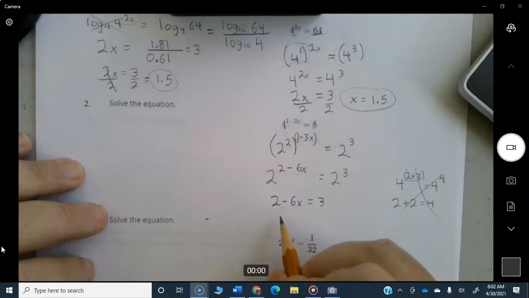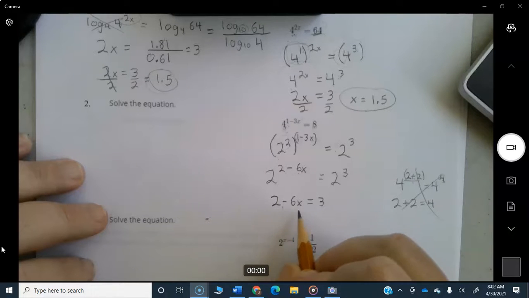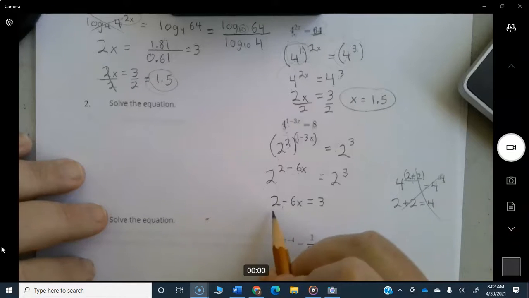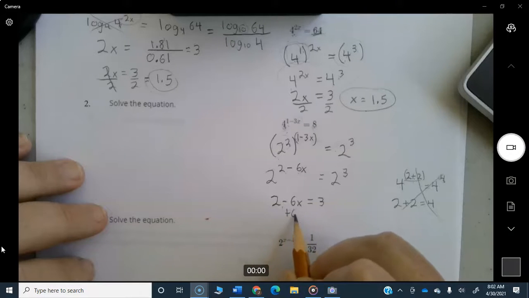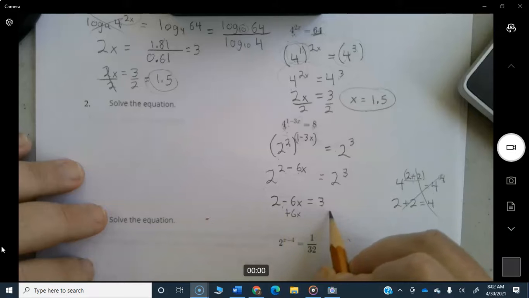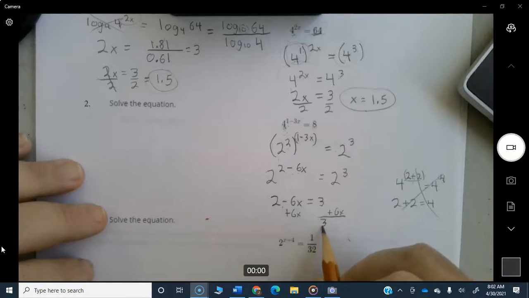So now we're simply going to solve for x. All right, so what I'm going to do is add 6x to both sides. And over here I have 3 plus 6x equals 2 over here.